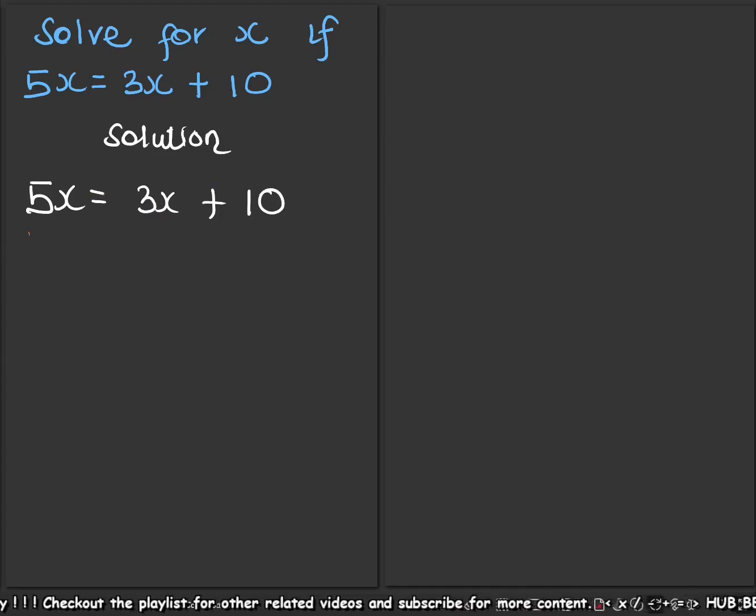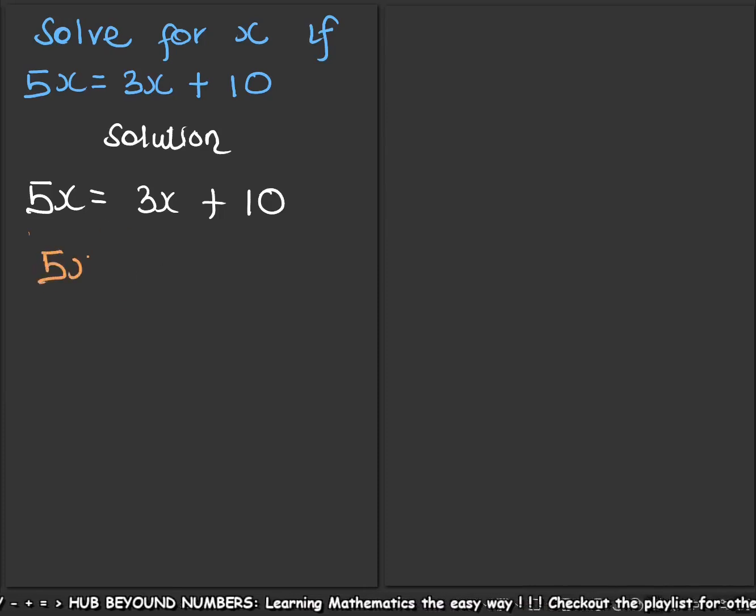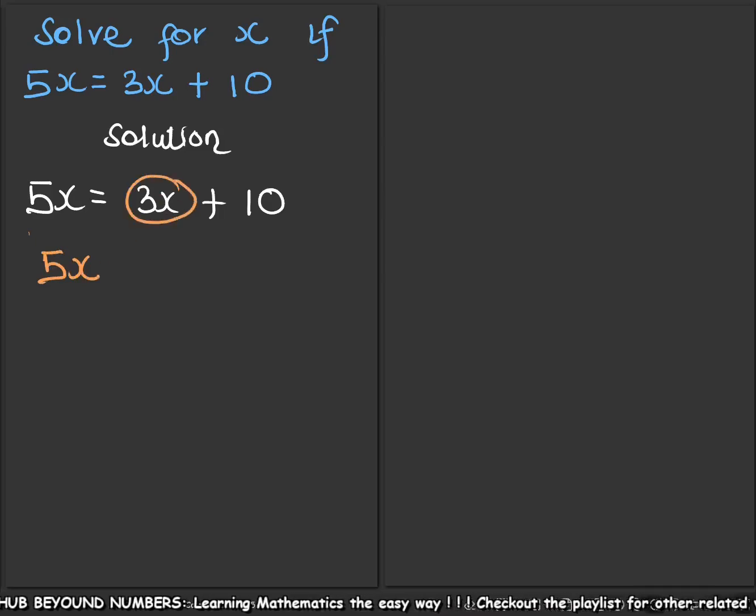Being at one side, what we mean is the 5x and this also would have to be either at the left hand side or the right hand side, and then the numbers, those without variables, also be at one side, right? So at this stage you already have our 5x over here. So all we need to do is to move this to join it at the left hand side, and by so doing there's no sign here.